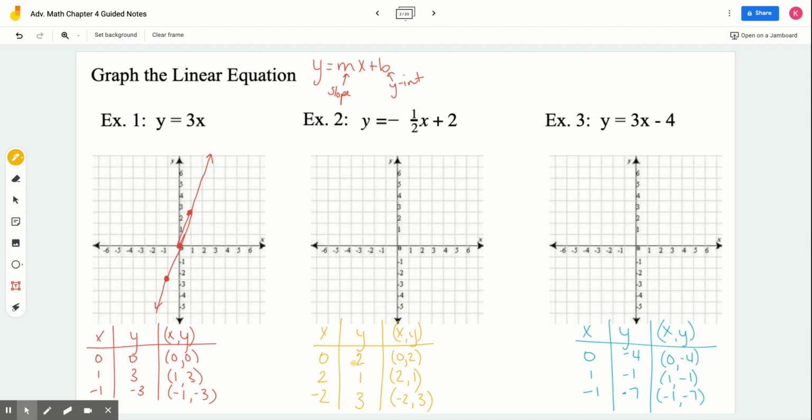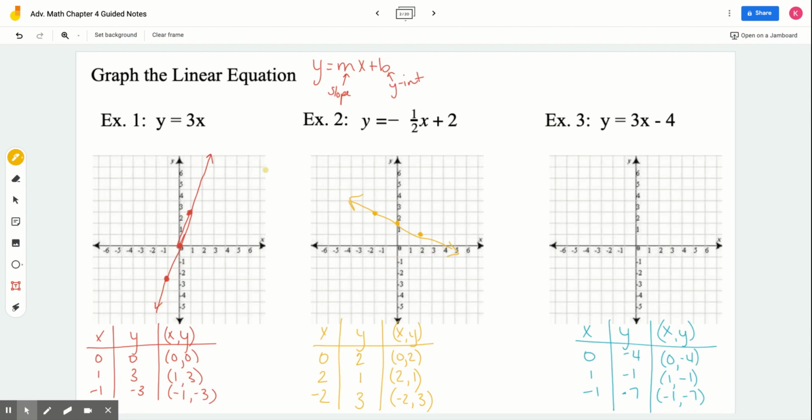Now again, I can go ahead and plot these 3 ordered pairs on my graph. (0, 2), (2, 1), and (-2, 3). And then connect them with a straight line to graph my linear equation.